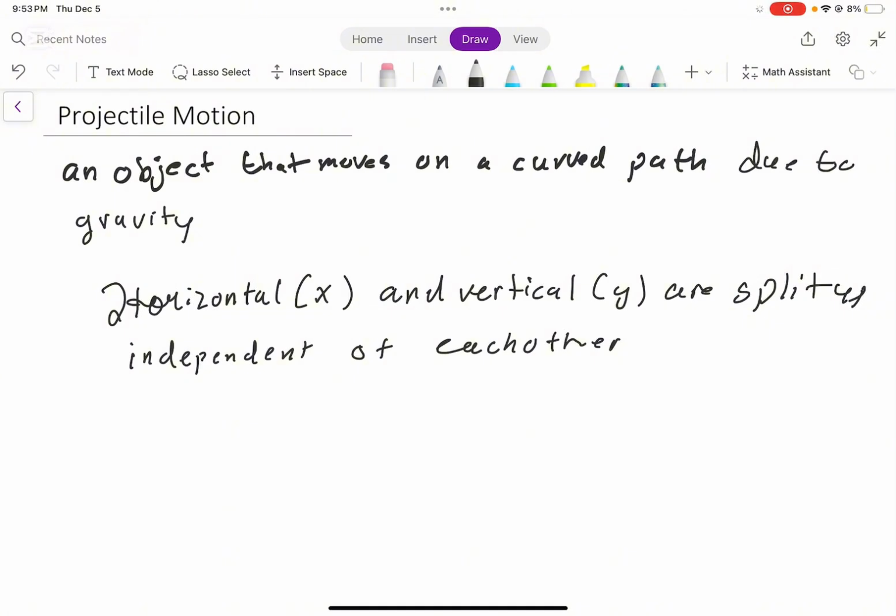When we're working in projectile motion, we're going to be using a lot of components because we have to look at the horizontal motion and the vertical motion because they're separate and independent when we're working with them.